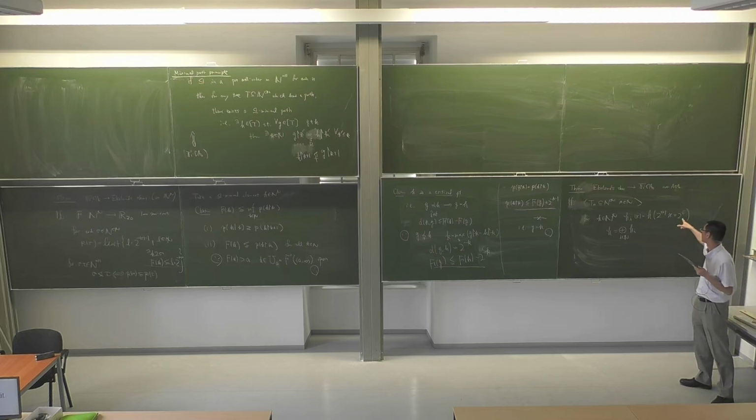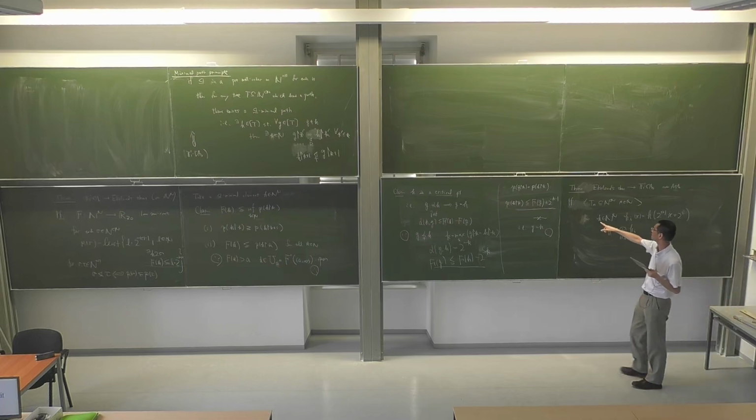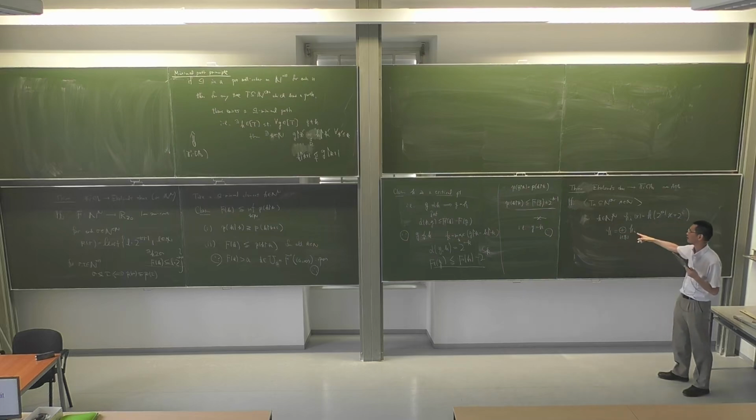So the 2 to the I part is H sub I. Each member of Cantor space can be considered as a sequence of members of Baire space.